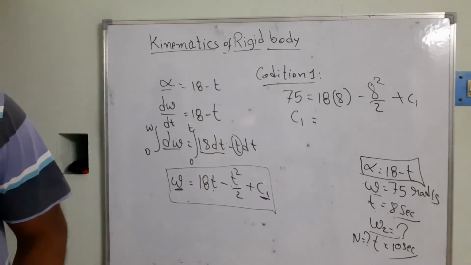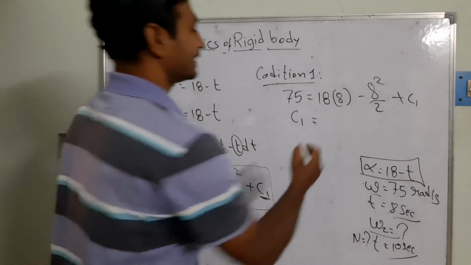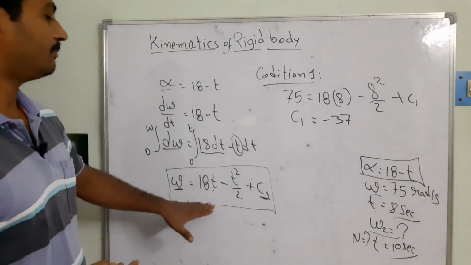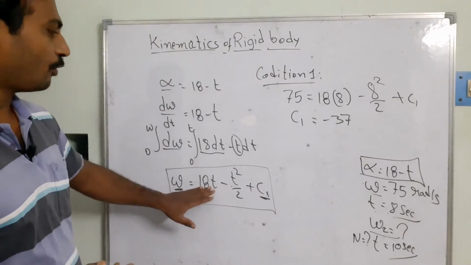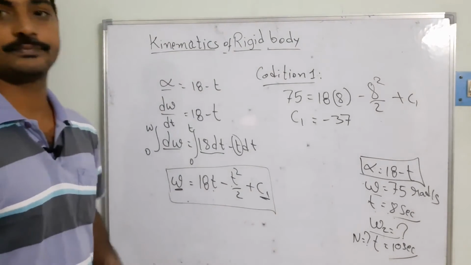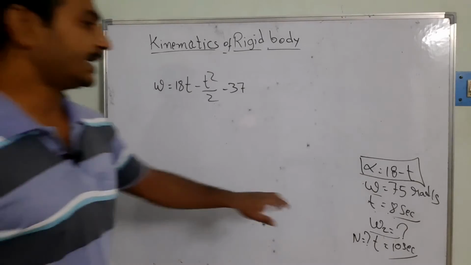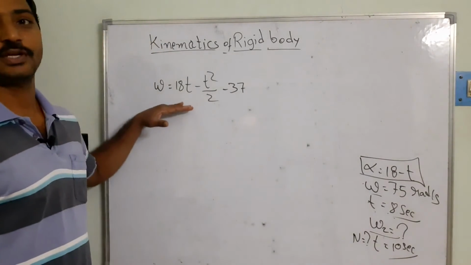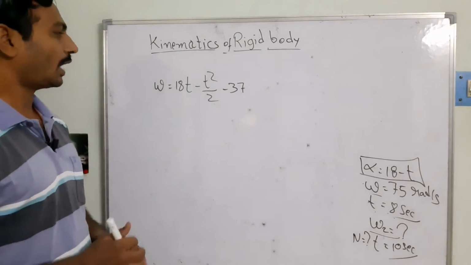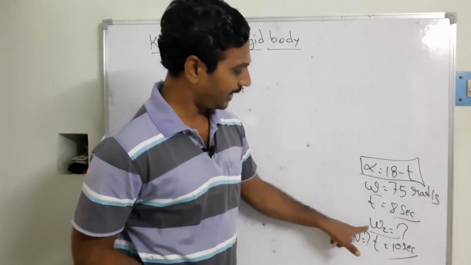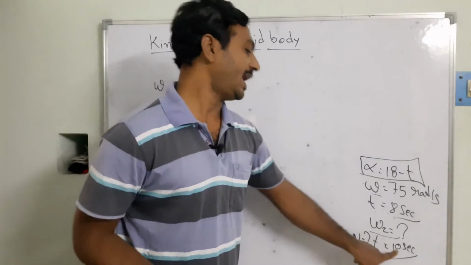For me, c1 comes to around minus 37. I substitute this in the equation, and after substituting condition 1, I get this equation. Now I apply condition 2. What is condition 2? We need to find the angular velocity at 10 seconds.